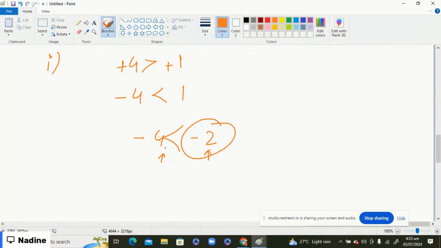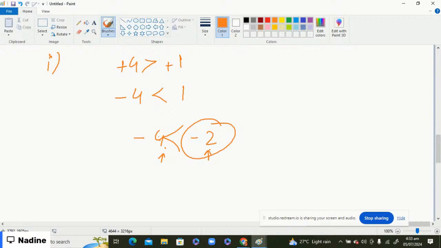2 is less, so it means that this integer is bigger than the other. Okay, now I'm going to repeat all the integer rules one more time. If you have two numbers which are positive, like positive 5, positive 2, positive 6, positive 9, plus 3, plus 4, all the numbers in the plus form, then the bigger plus number is greater than the other plus number.